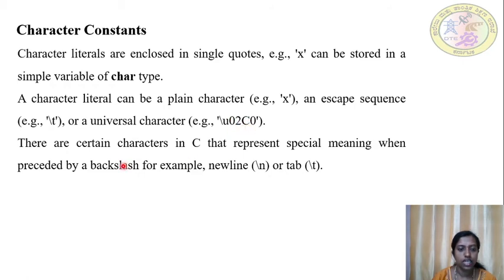There are certain characters in C that have special meaning when preceded by a backslash. For example, \n is a new line, that is, enter into the next line. Or \t is a tab, which gives a space between words.